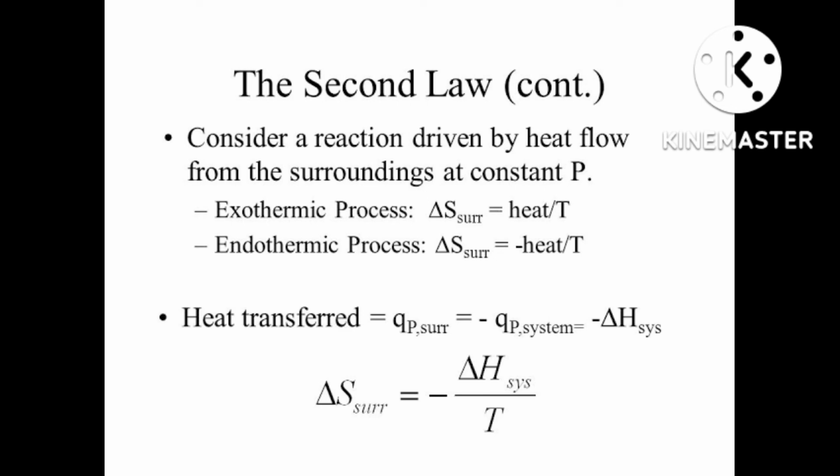A reversible reaction, you already know: reactant goes to product and product comes back to reactant, A to B and again B to A. If that is going on continuously, that situation is called a reversible reaction.